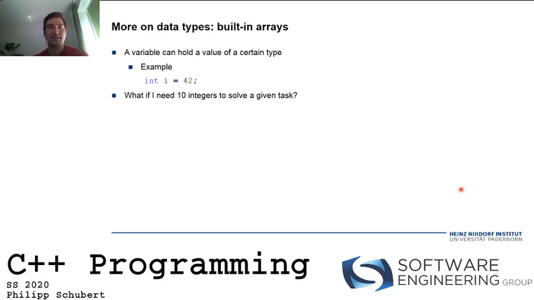The problem now is, what if you need 10 integers in order to solve a given task? That might happen to you. And how do you get 10 integers? What you could do is enumerate some integer variables, so integer A, integer B, integer C, integer D, until you have 10 integers.